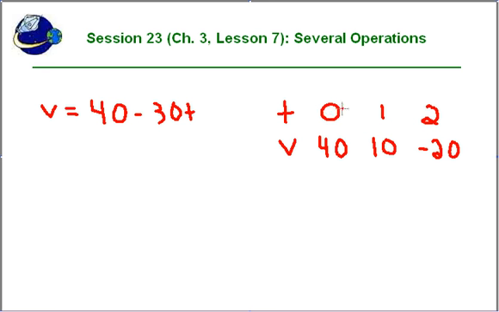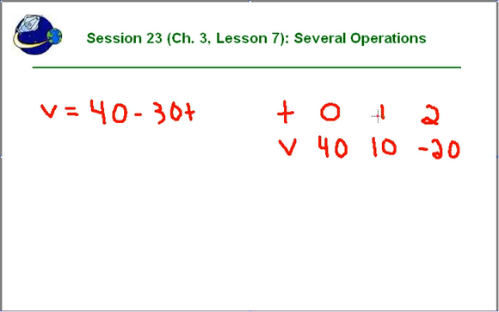Well, at t of 0 seconds, we need to take that 0 and stick it here into our equation. What is 30 minus 0? Well, 0, because anything minus 0 is 0. What is 40 minus 0 then? 40. Positive 40. So the velocity of our rock at the moment that it leaves our hand is going to be positive 40. And we'll just say it's 40 feet per second.